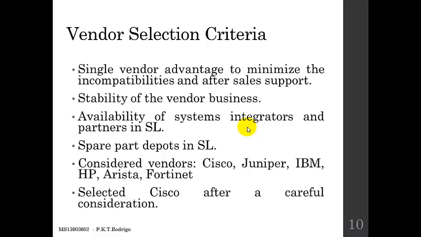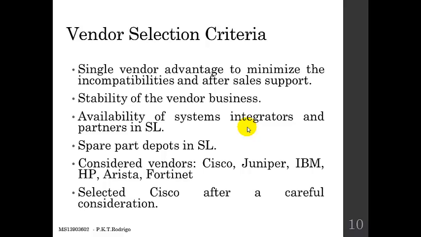And we have considered the stability of the vendor in the local and the global market. And we have considered the response time and minimizing the downtime of the network. And we have mainly considered the availability of system integrators, partners and spare part depots in Sri Lanka. We have listed many competitors in the vendor list: Cisco, Juniper, IBM, HP, Arista and Fortinet.